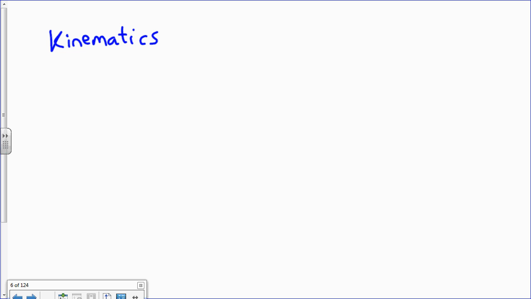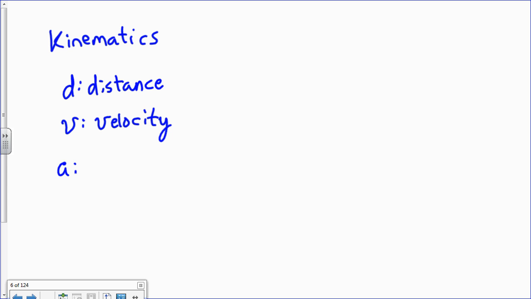We use 3 different expressions. That is distance. You might also hear this called displacement. Those are very similar quantities. They're a little bit different, but they're very similar. We use velocity or speed. And then also acceleration.